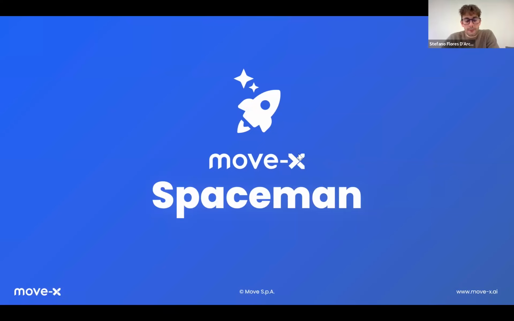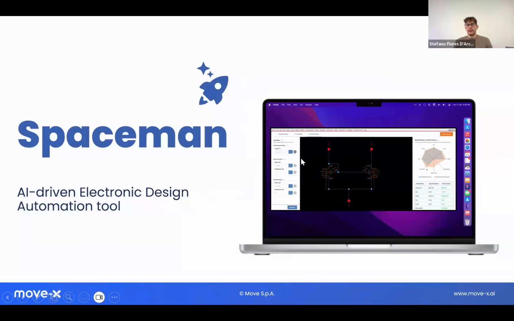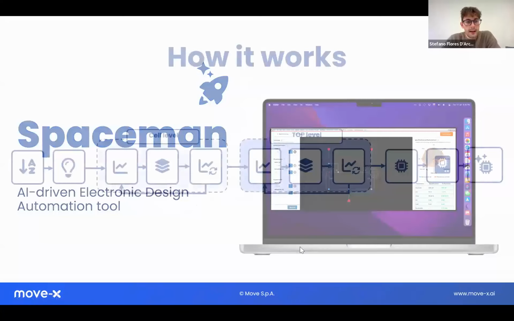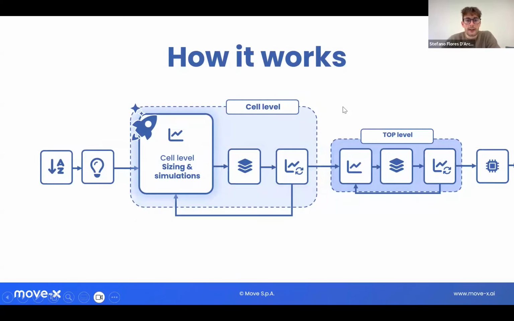And I just give you a couple more pieces of information about Spaceman, which is our AI-driven EDA tool we have developed to completely enhance and speed up the process of IC design. And here we have the analog design workflow that Ilaria well explained to us, and Spaceman works exactly in cell-level design.